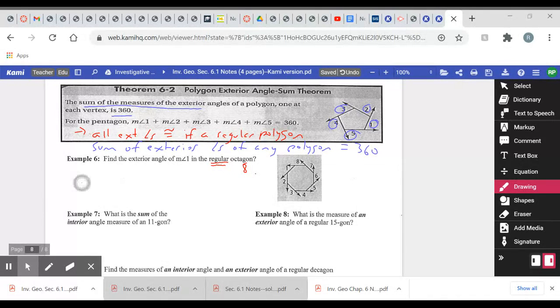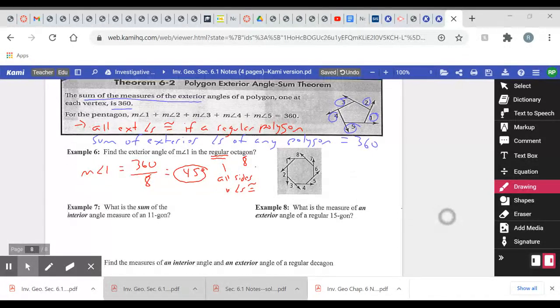If the sum of the exterior angles is 360 and I have 8 exterior angles, I can just do 360 divided by 8 to get 45 degrees. Again, regular means all sides and angles congruent, if you need to write a little reminder there.